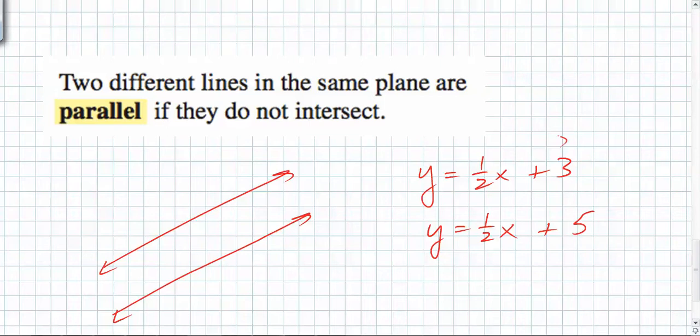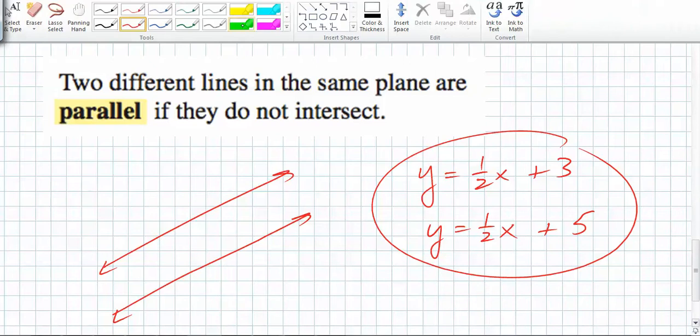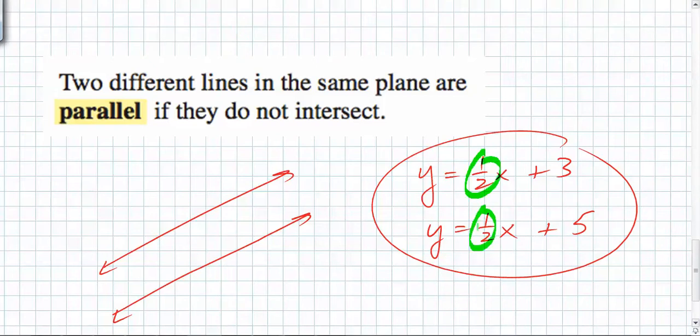So in this case, you have two lines here, and they have the same slope. And you know that because they are in slope-intercept form, so slope is right there in front of you. Since these are not the same lines, but they have the same slope, it means they are parallel, which means that they do not intersect. So remember, they have to be different lines, but they have to have the same slope.